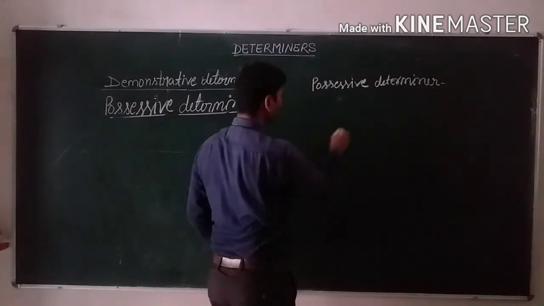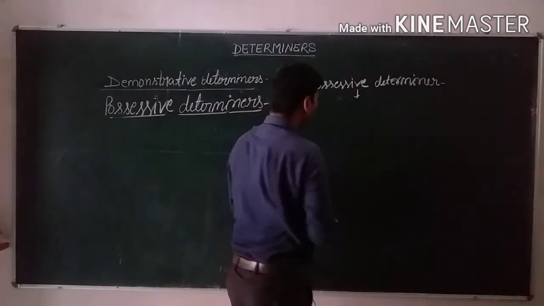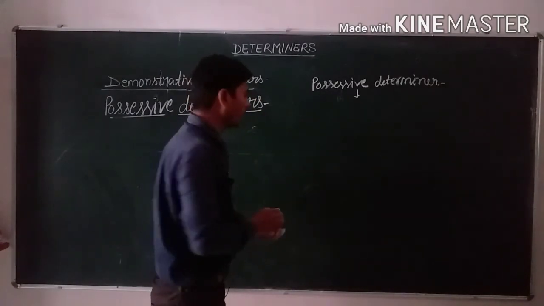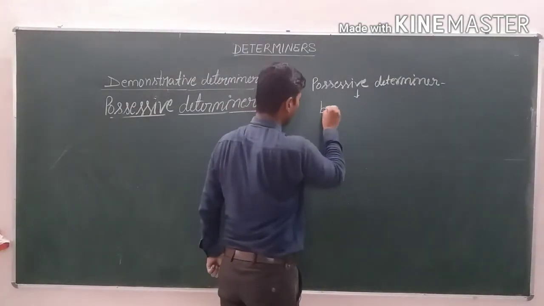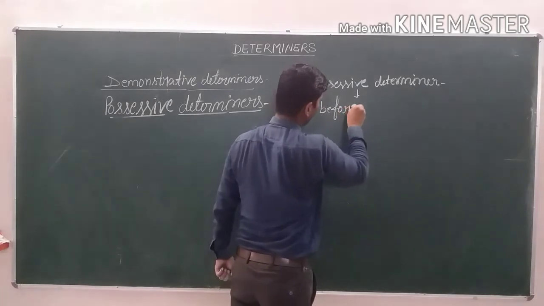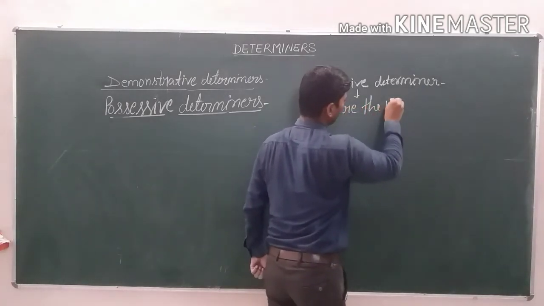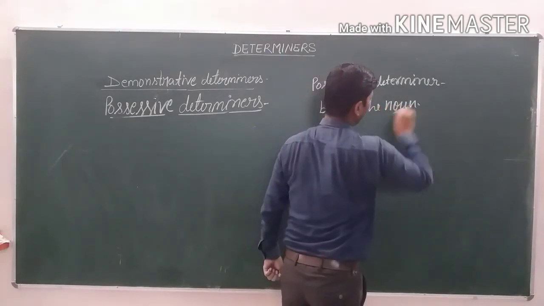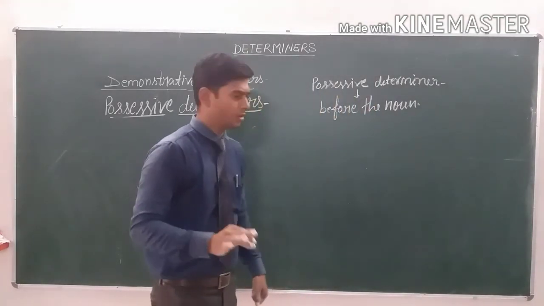A possessive determiner is used before the noun, right?